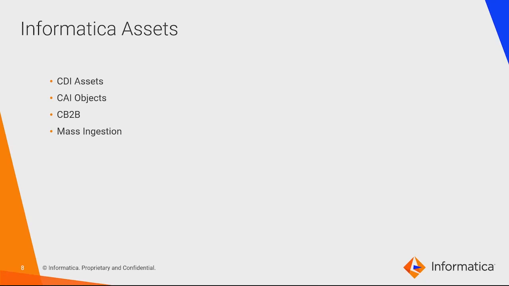They are mappings and mapping tasks, workflows, taskflows, and then we have business services, hierarchical parser, etc. On the CAI, Cloud Application Integration microservices, we have the Service Connector, App Connector, Processes, Guides, etc. And on Cloud B2B and Mass Ingestion, respectively, we have different objects. On the B2B side, we have the customer, supplier, etc. And in Mass Ingestion, we have Mass Ingestion task, streaming ingestion, database ingestion, or file ingestion task.